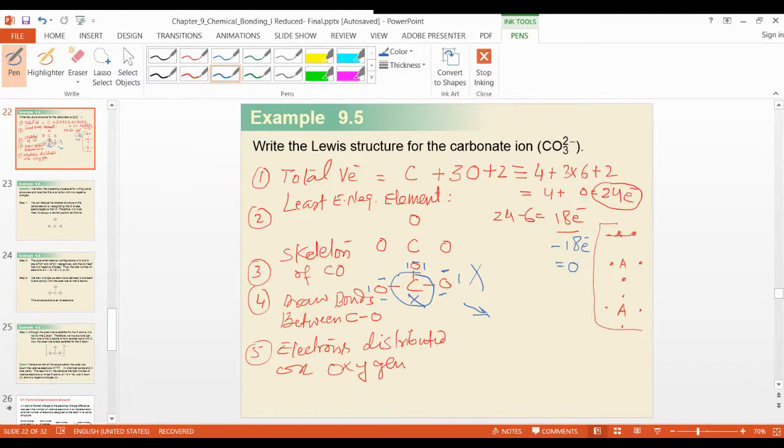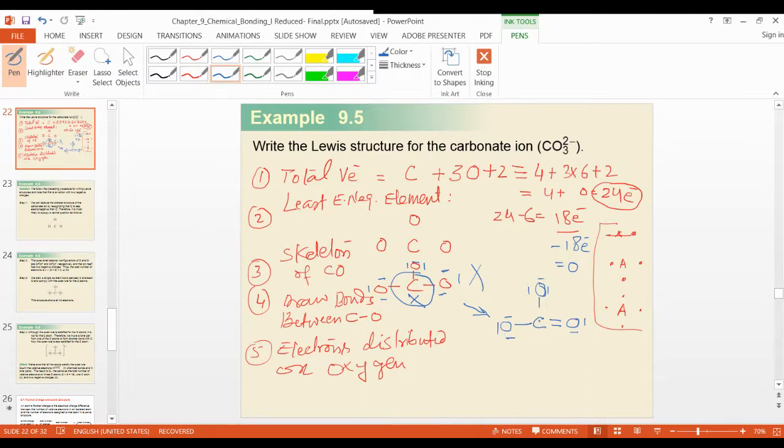Carbon and oxygen can make a double bond, both can make a triple bond, right? Like that. So this is carbon, this is a single bond, oxygen. I will transfer 2 electrons from here. So only these 2 electrons, 4 electrons left. And now this is a single oxygen. This is all the same.